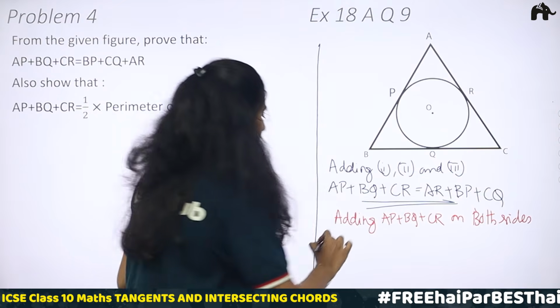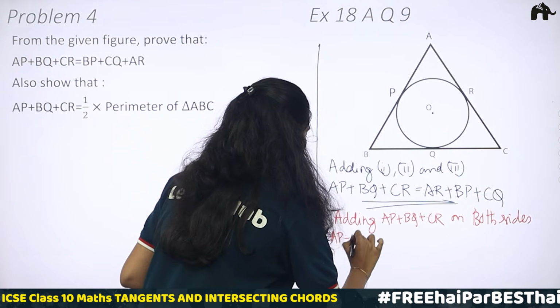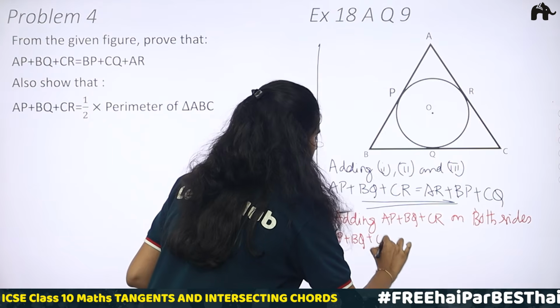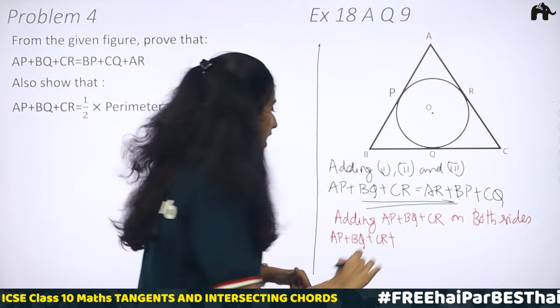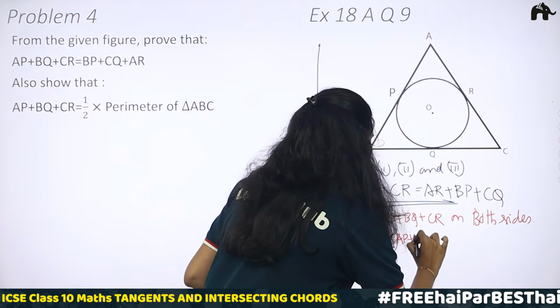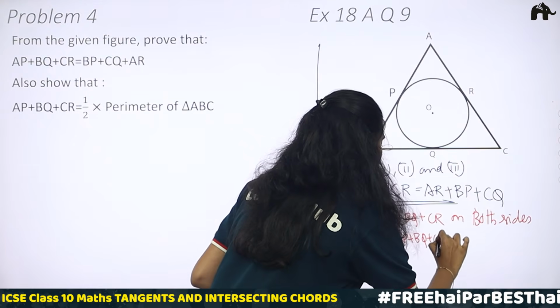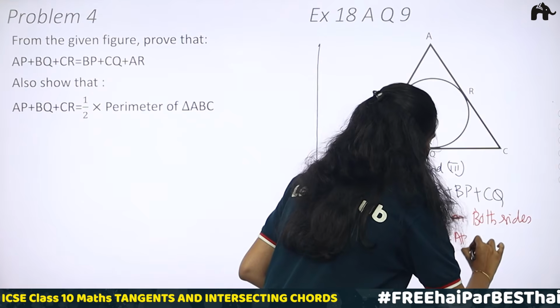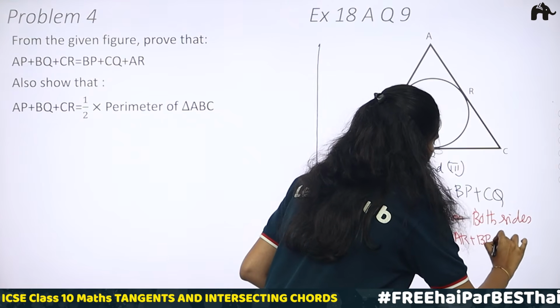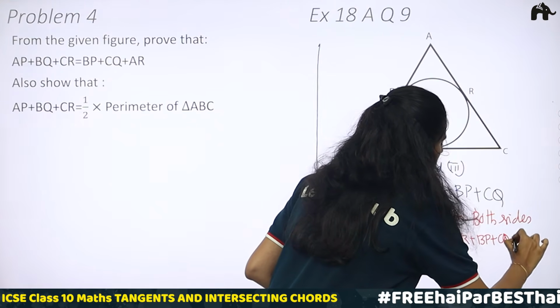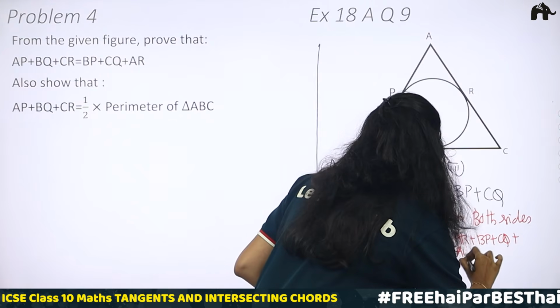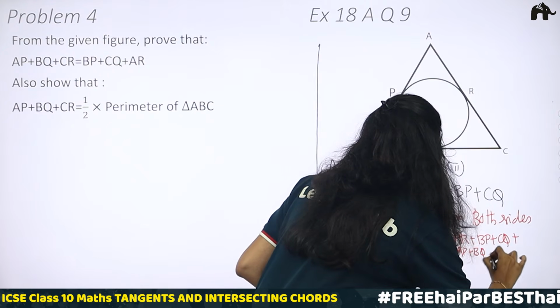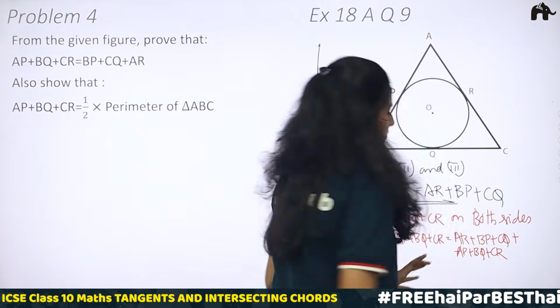Here, left hand side, we already have AP plus BQ plus CR. Again adding AP plus BQ plus CR. What about right hand side? Right hand side we have AR plus BP plus CQ plus AP plus BQ plus CR.